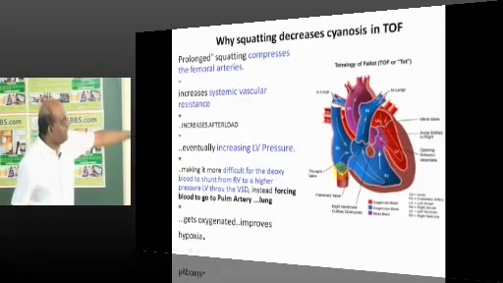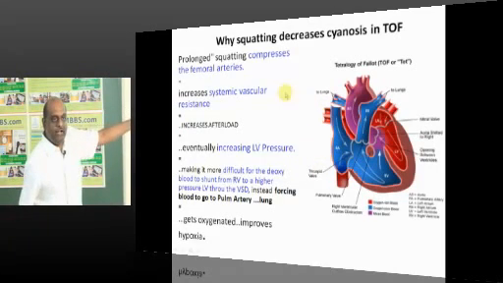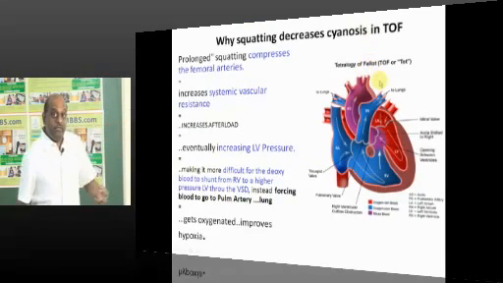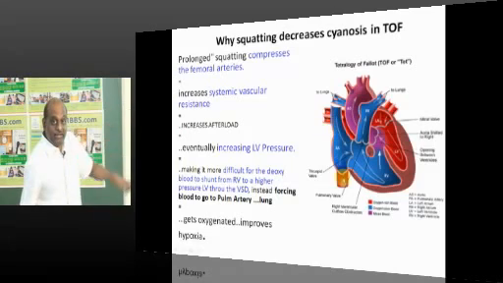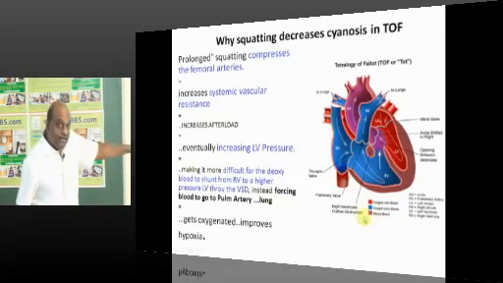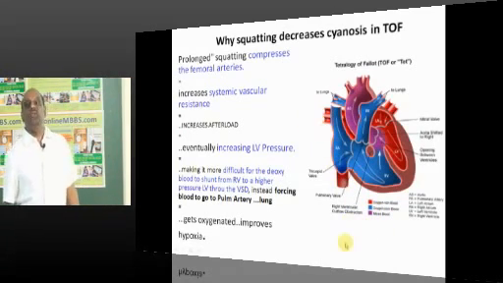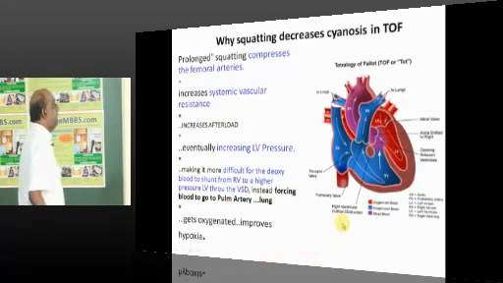Whenever spasm is there, there is more diversion of the right ventricle blood into the overriding aorta instead of going into the pulmonary artery. Giving oxygen relieves spasm, giving morphine relieves spasm. Squatting will increase the afterload in the root of the aorta and discourage the right to left shunting, is what you need to ultimately remember, doctor.